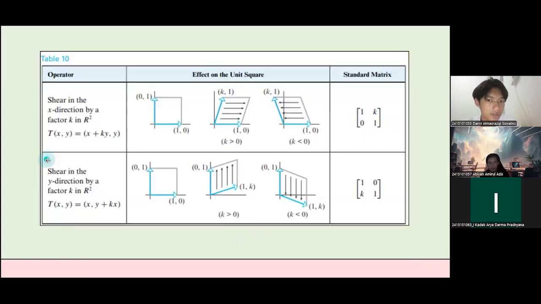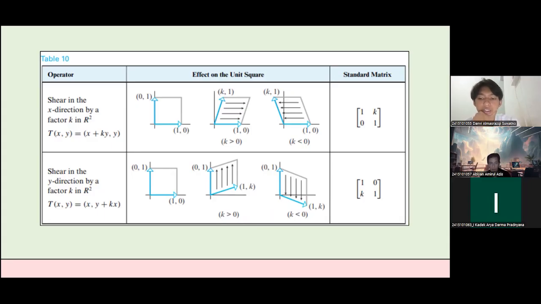Let's get back to the effect on the unit square. First, (0, 1) moves upward to (1, k). It is the middle unit square. And then the horizontal side becomes slanted, and the square becomes a vertically sheared parallelogram.